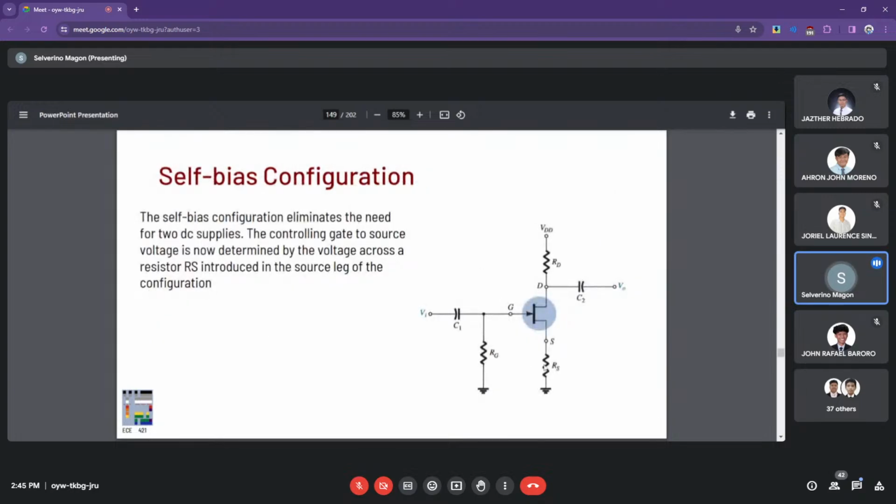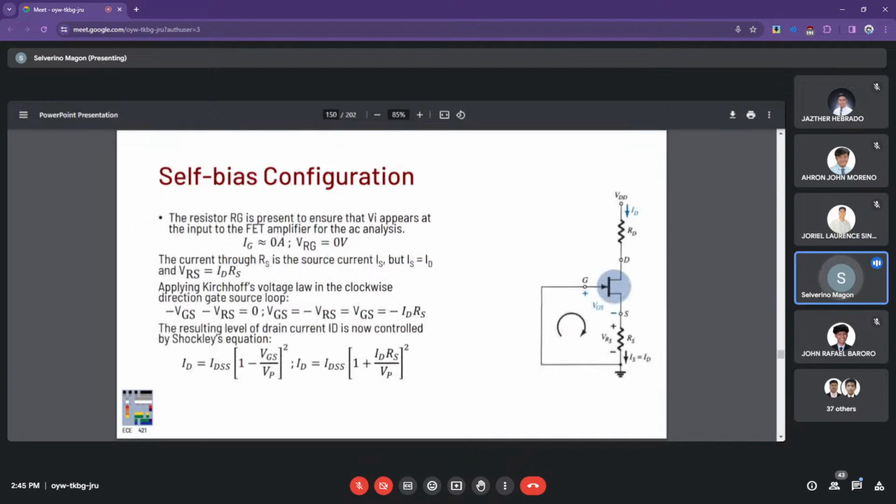That's the difference. When we do the KVL analysis in this section, this resistor plays its part in providing some bias at the gate pin. This will be apparent later when we run through the calculations.